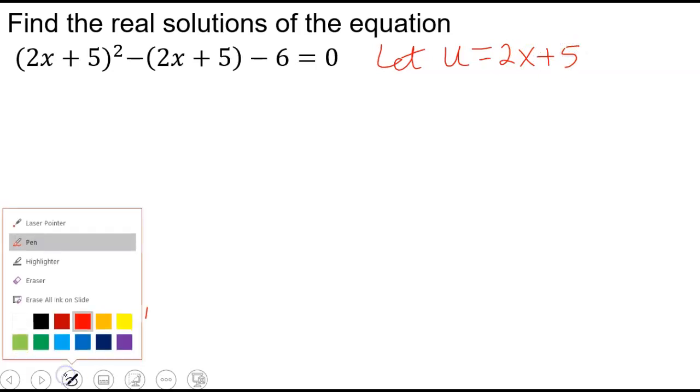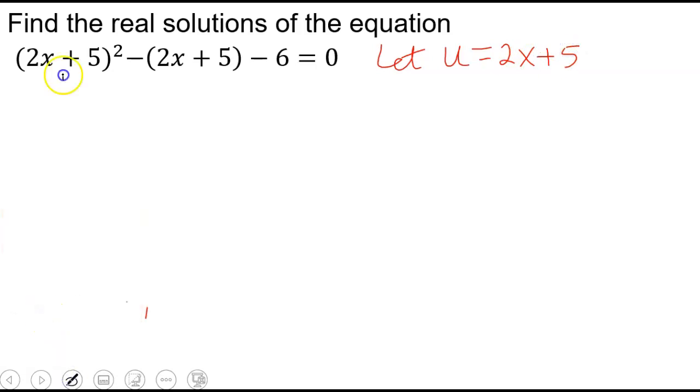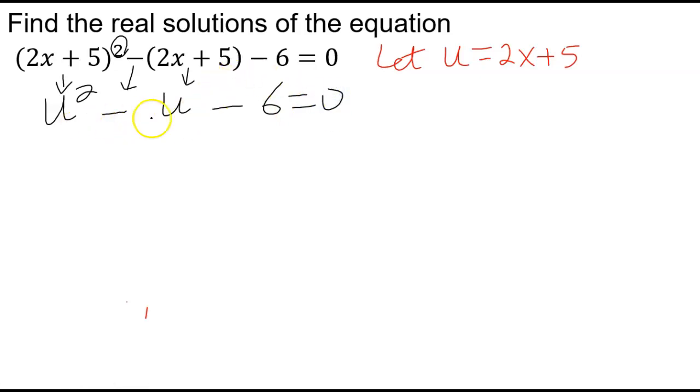So if we substitute u, replace this with u here, we have u squared, because that expression is squared. So minus, and then u again, minus 6 equals 0. Look what we get. It gives us a simple quadratic equation, and we can easily solve that quadratic equation.